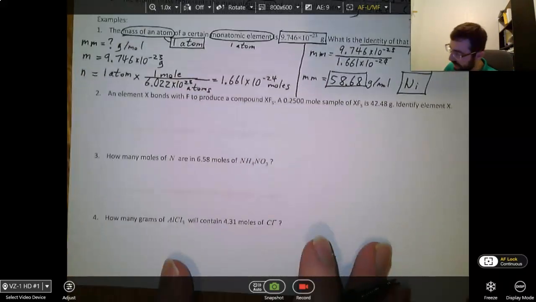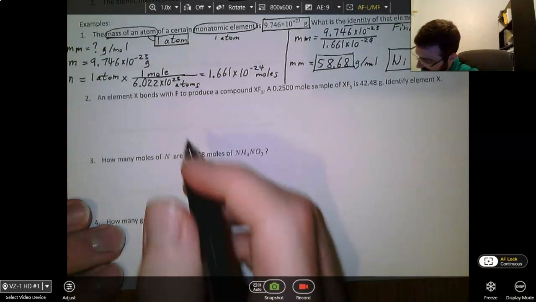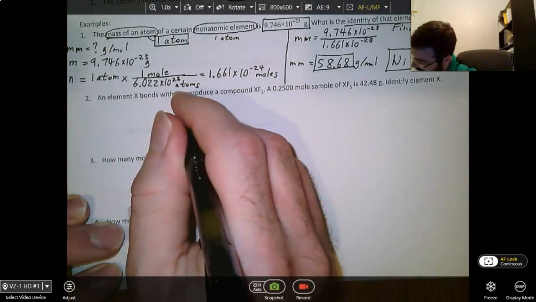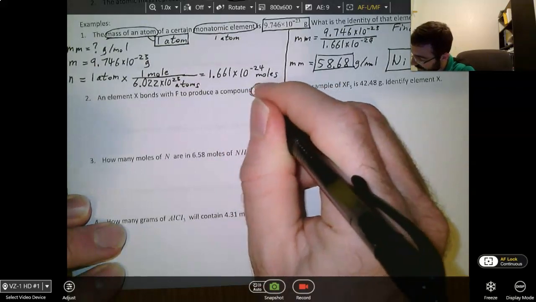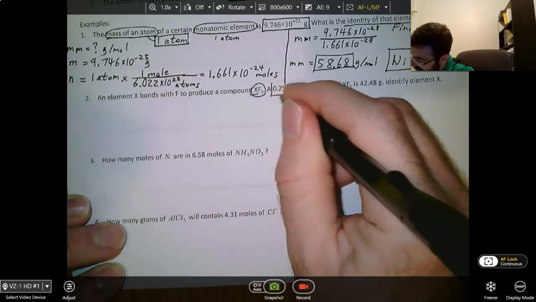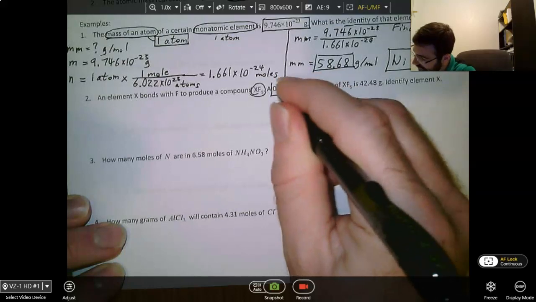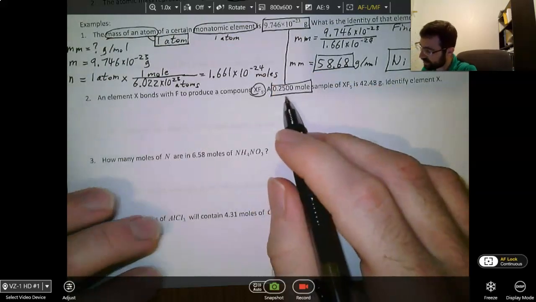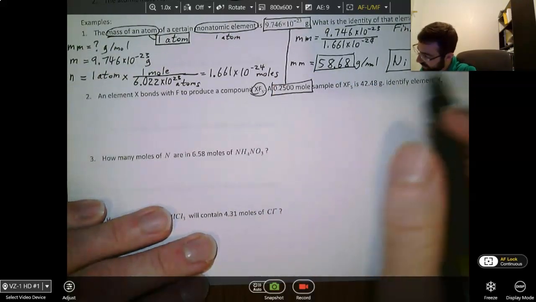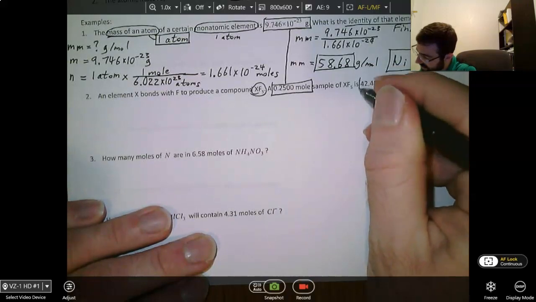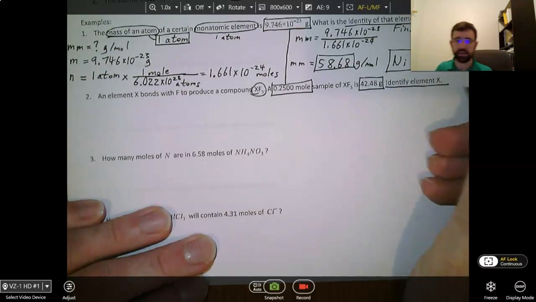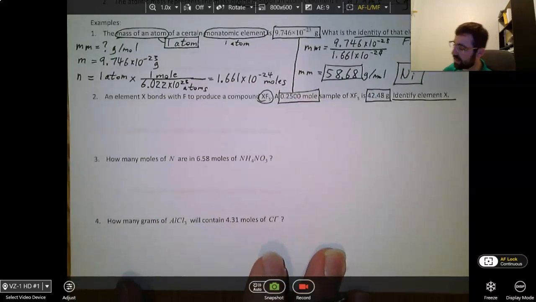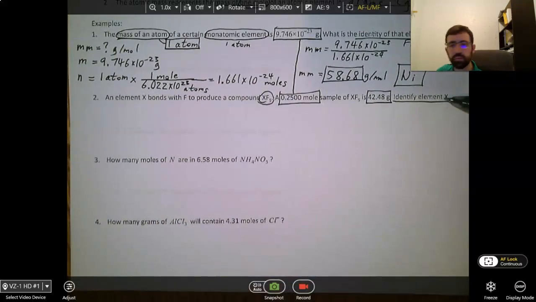An element X bonds with F to produce the compound XF5. Okay, this is kind of important, XF5. I have a 0.2500 mole sample of XF5, and it has a mass of this. Identify element X. First of all, I see identify the element, so I'm probably going to have to use molar mass to figure it out.